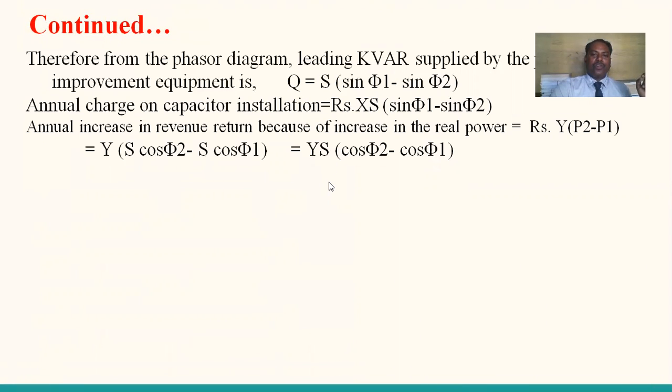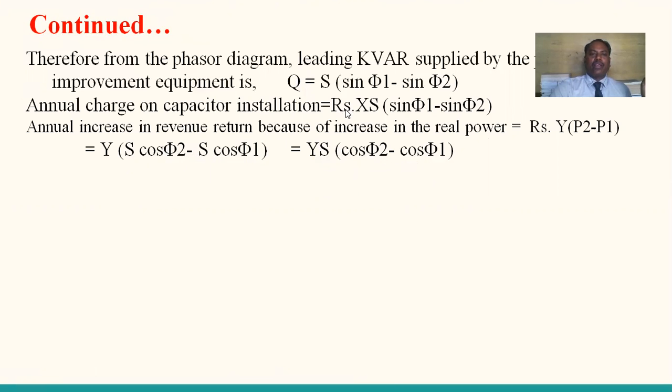So therefore, Y into P2 minus P1 is Y S (cos phi 2 minus cos phi 1).